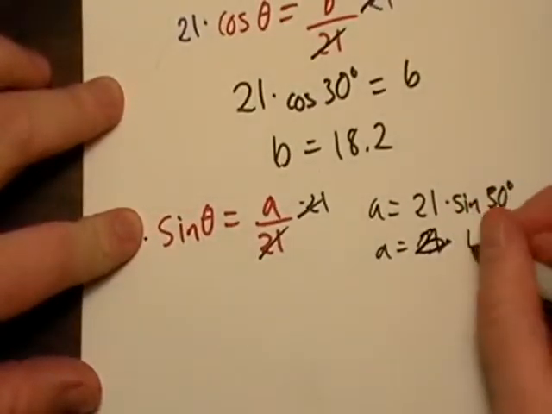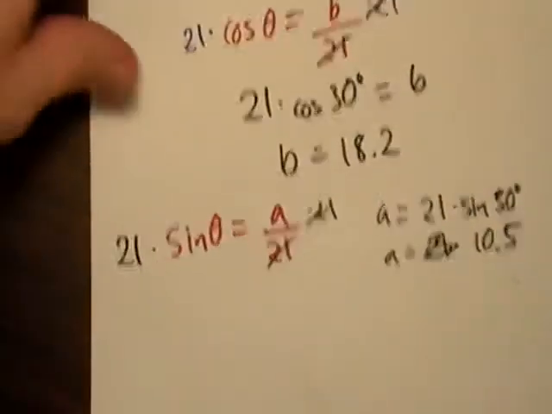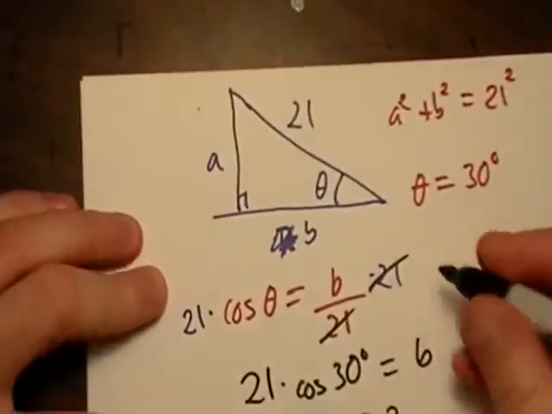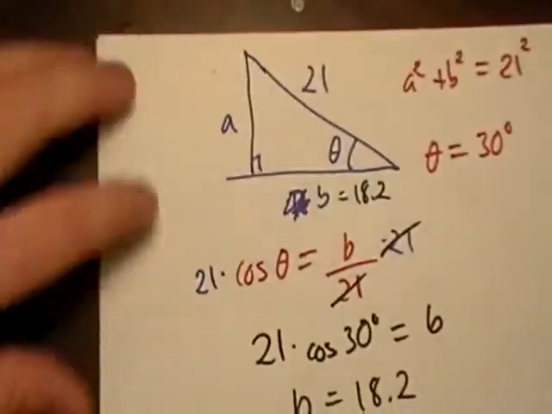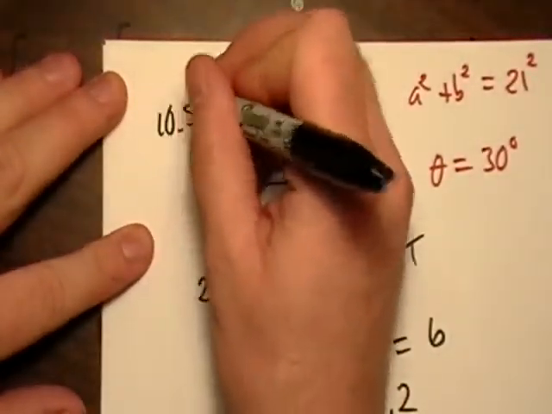Okay, that's equal to 10.5. So it looks like B was equal to 18.2 and A was equal to 10.5.